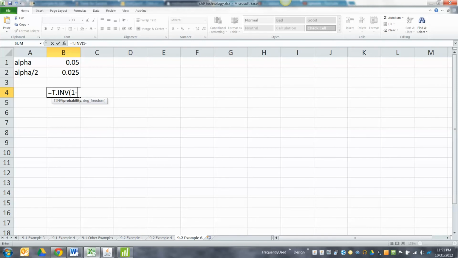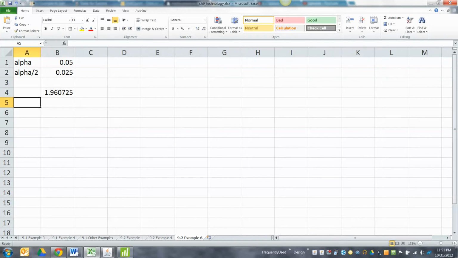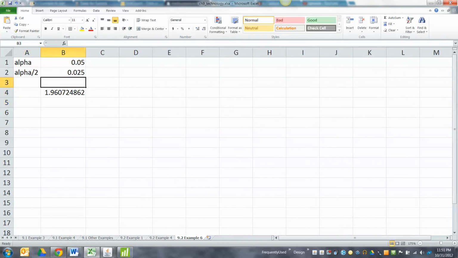If you will, it's 1 minus that value, 0.025, comma, our degrees of freedom was 3119. Okay. All right. Now, remember, why did I do the 0.975? Well, that's because alpha over 2 is the area in the right tail. So the area in the left tail is 1 minus that, which is 0.975.